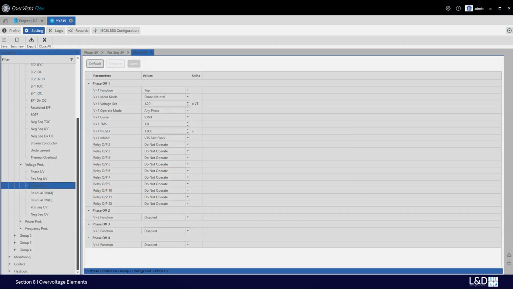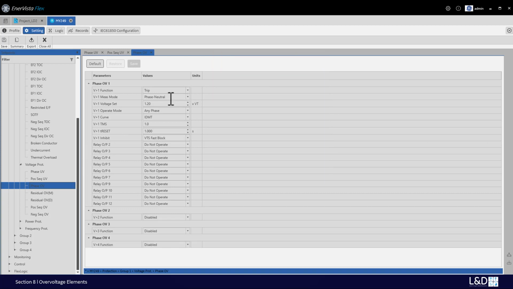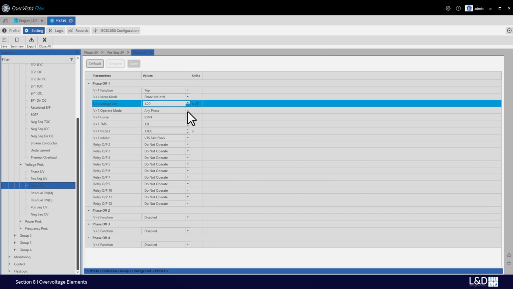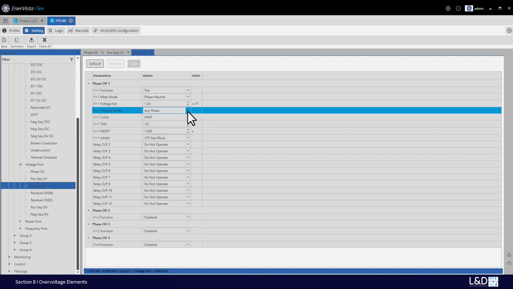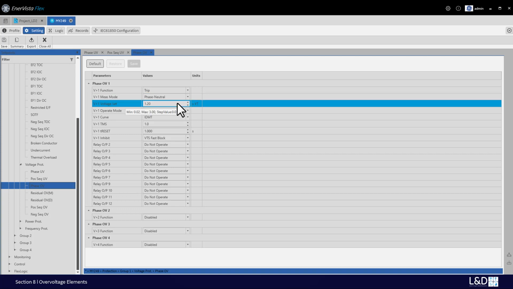The phase overvoltage is the opposite of the phase undervoltage. They share most of the common settings like function, measurement mode, two options, and also the operate mode, 3 options, single phase to 3-phase. And they have the set of the voltage, that's for the pickup level.